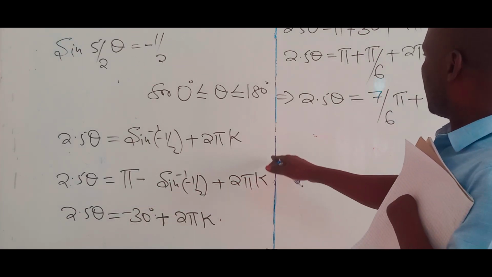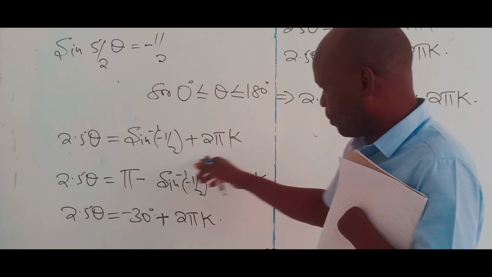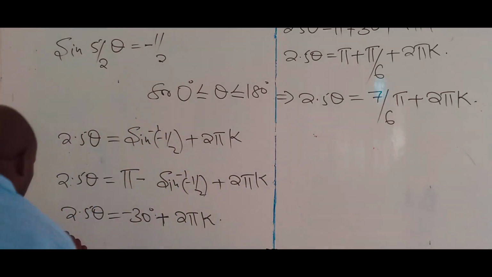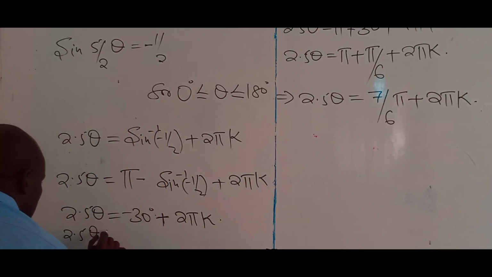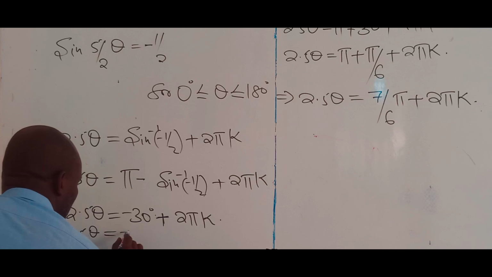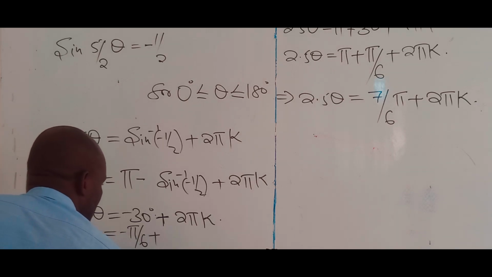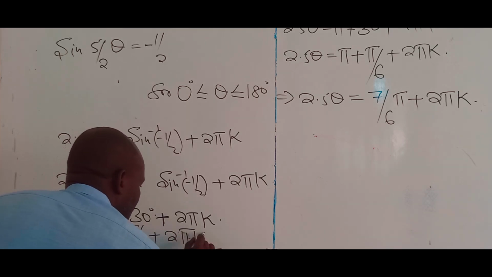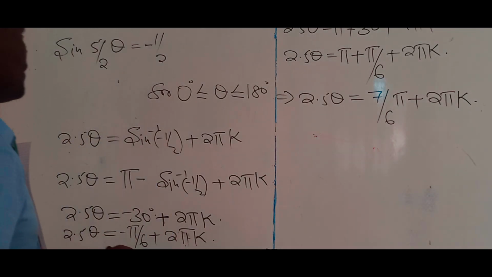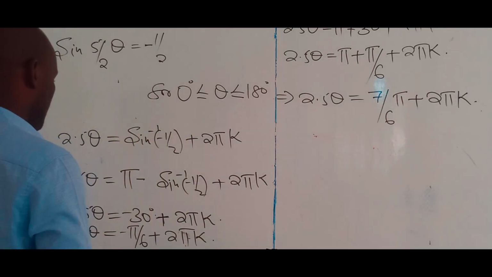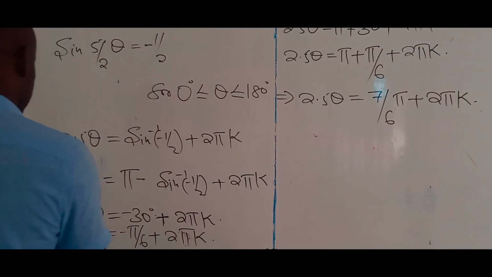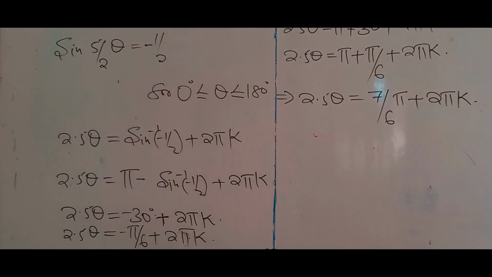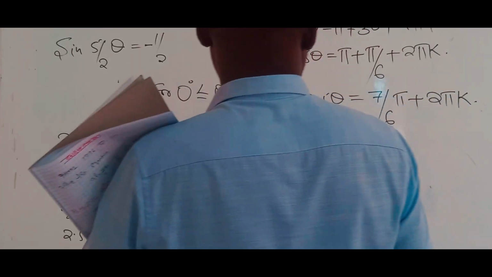Now, I've already simplified this part. I need to use that same notion to simplify the other part because there's one here. So I should just come here and say 2.5 theta is equal to minus pi over 6 plus 2 pi k. So I have two equations that represent theta. It means I can then work out the value of theta in each instance.